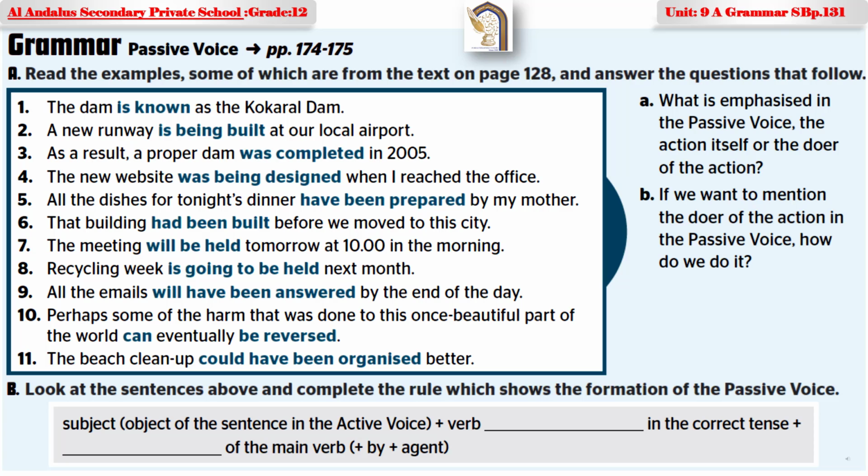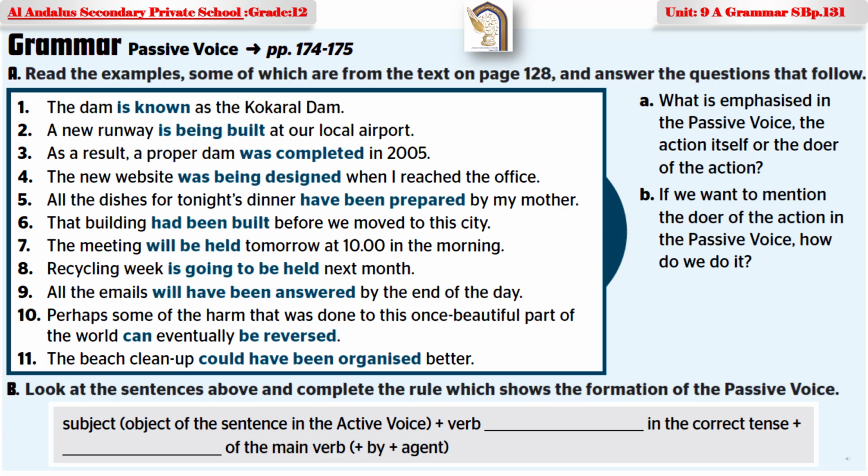Dear friends, this is our first exercise, which is exercise A on page 131. Read the examples, some of which are from the text on page 128, and answer the questions that follow.